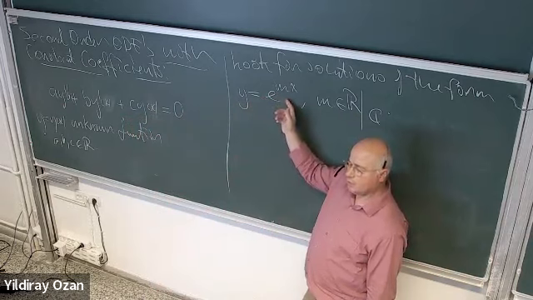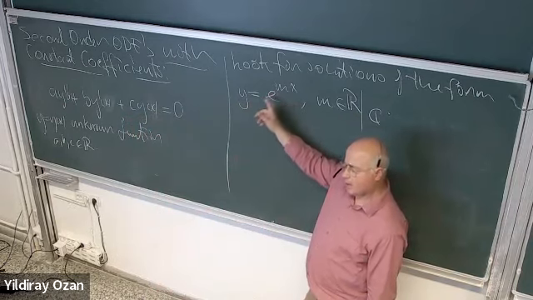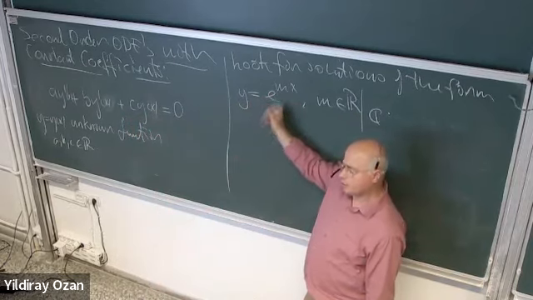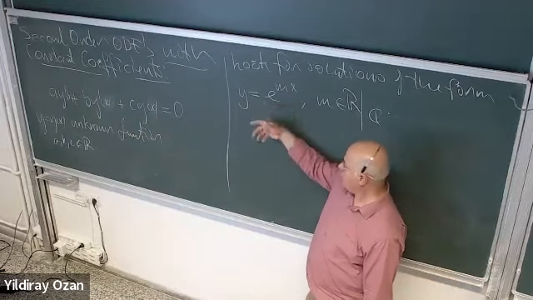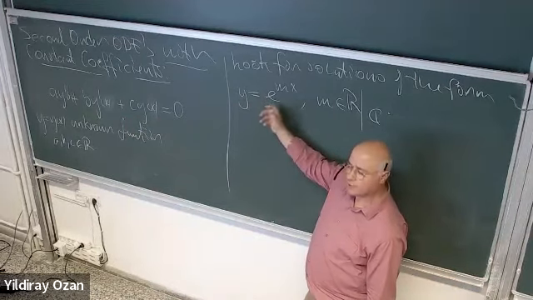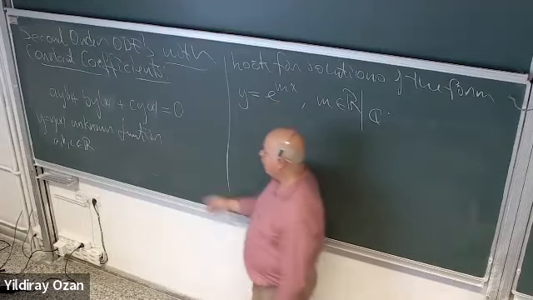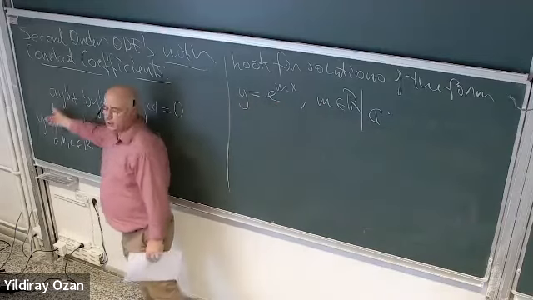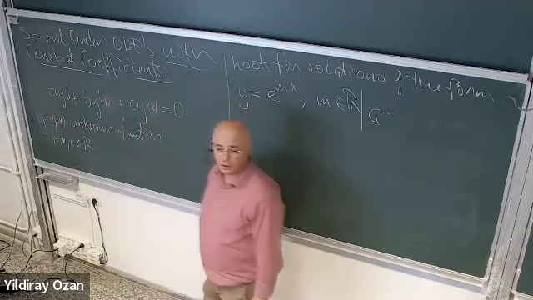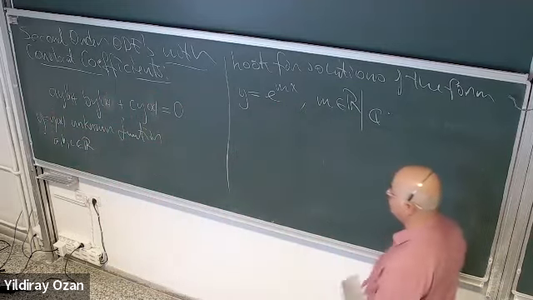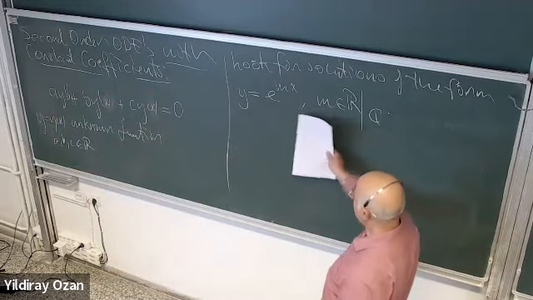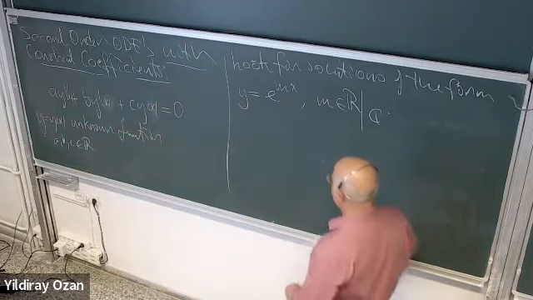If you take derivative once, you get m times e to the power mx. If you take second derivative, you get m squared and so on. And when you plug it here, you will get a quadratic equation in m, and then you can just solve it and see for which m values you have a solution.